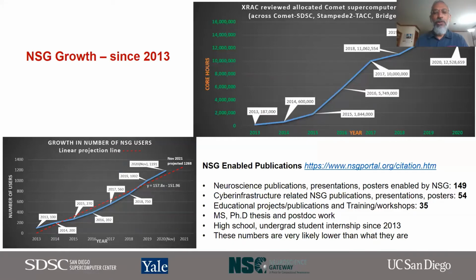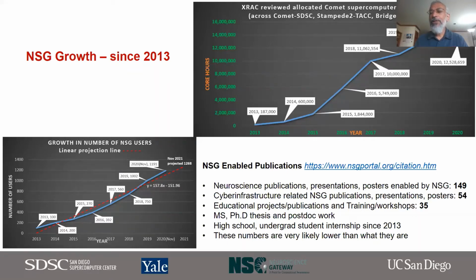Just to show how NSG has grown over the last 7 or 8 years, if you look at the plot on the top right, you will see how much supercomputing time we have acquired each year starting 2013. You can see initially we were getting a few 100,000 hours.